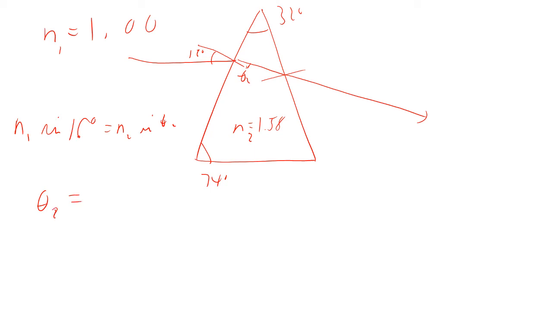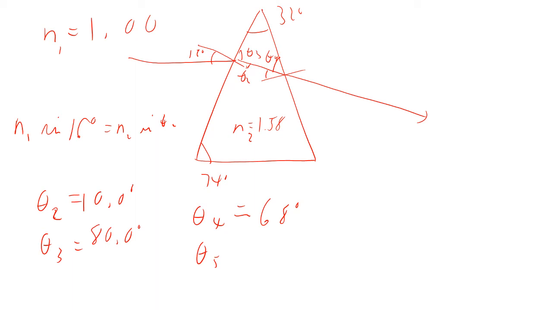So theta 2 now turns out to be a little bit different. Before, it was 10.4 degrees. Now it's 10.0 degrees. So theta 3 is going to be exactly 80 degrees. So theta 4 over here is now going to be 68 degrees.